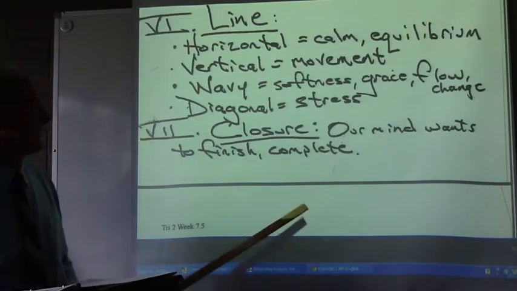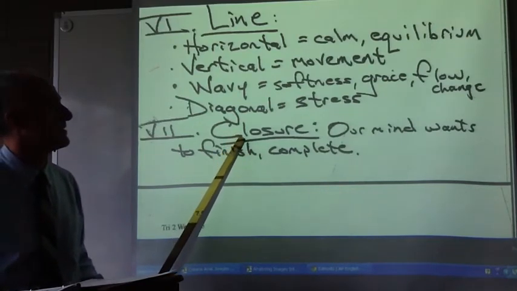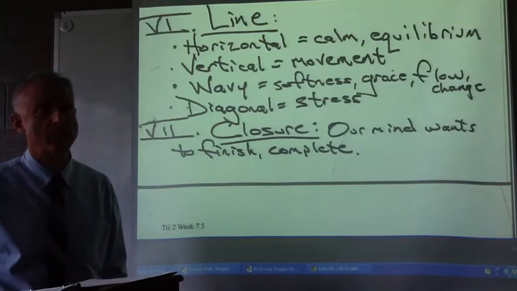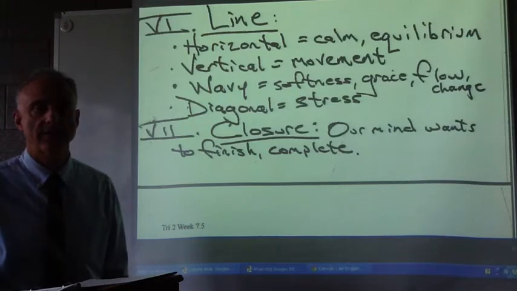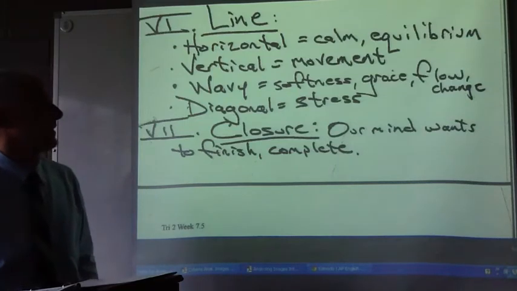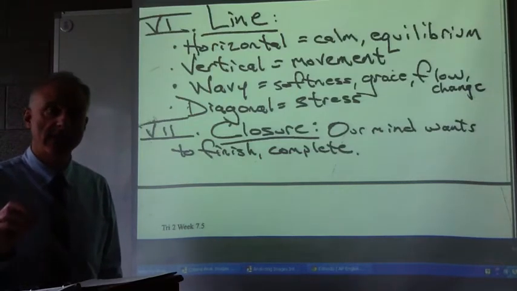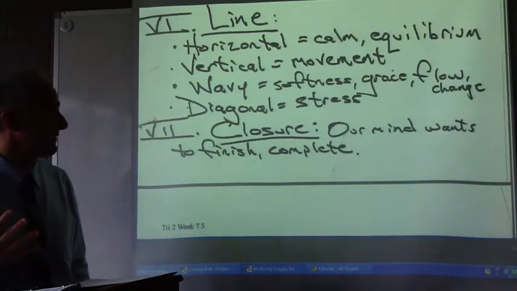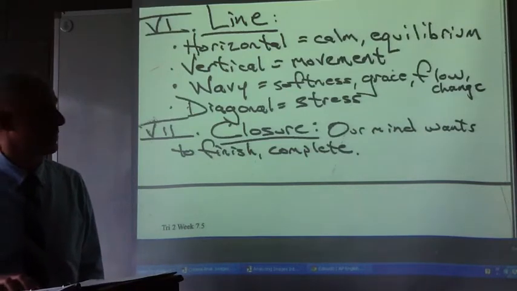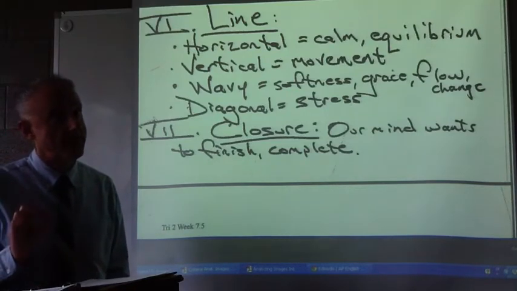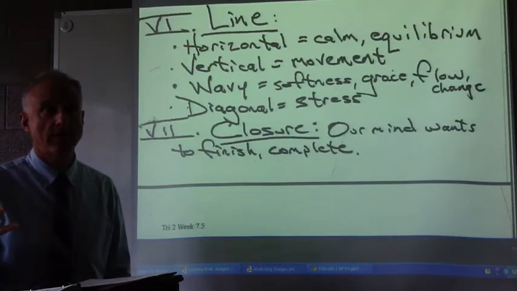Now, finally, our minds want to make sense of pictures, which we saw with continuation. Our minds create images to make sense of things, and they do it with the small components in an image, but also the whole image itself. So our mind will want to complete, not just making sense of a part of a picture, but our mind can create the whole picture.